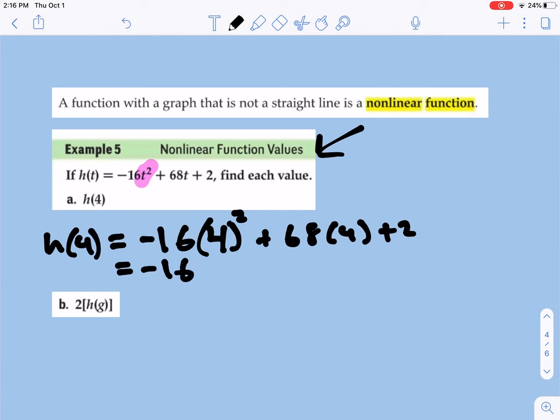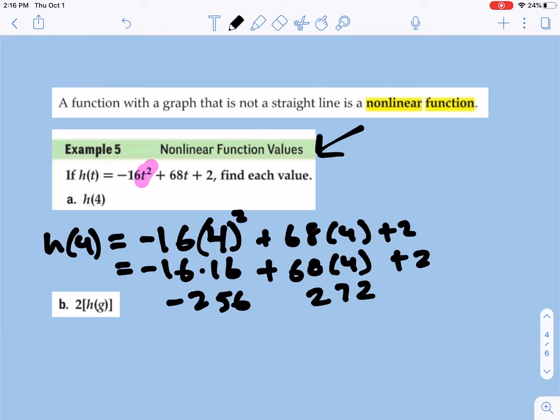So negative 16 times 16 plus 68 times 4 plus 2. Well, 68 times 4 is going to be 272, I believe. Negative 16 times 16 is negative 256, and then plus 2. So 272 and negative 256 is going to give you 16 positive plus 2, and so your answer is 18.